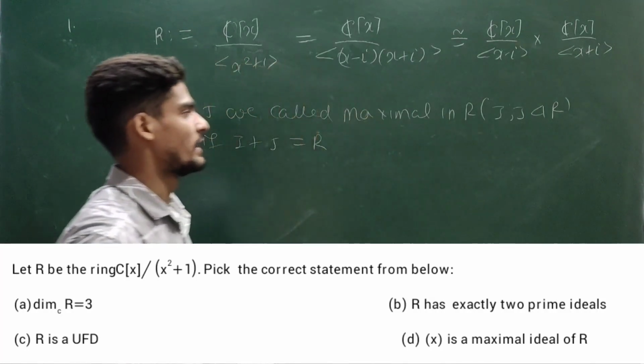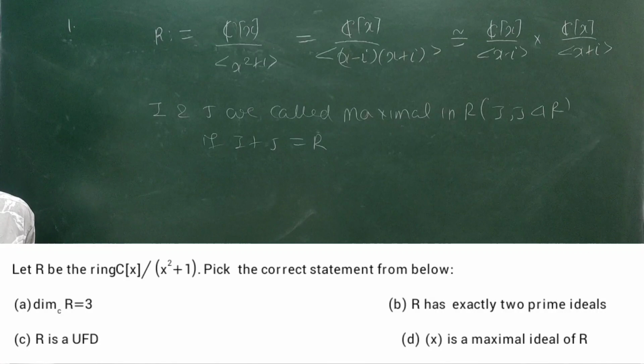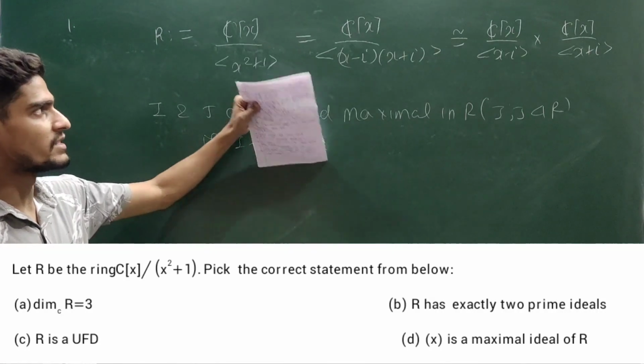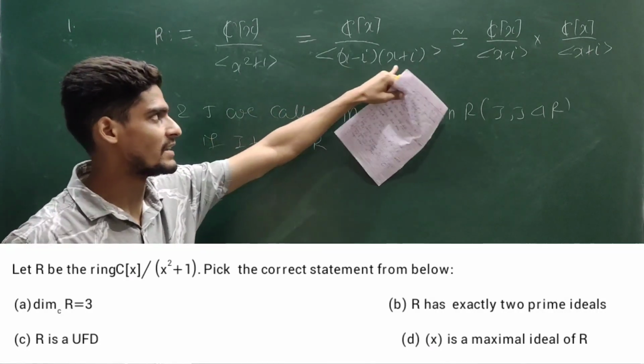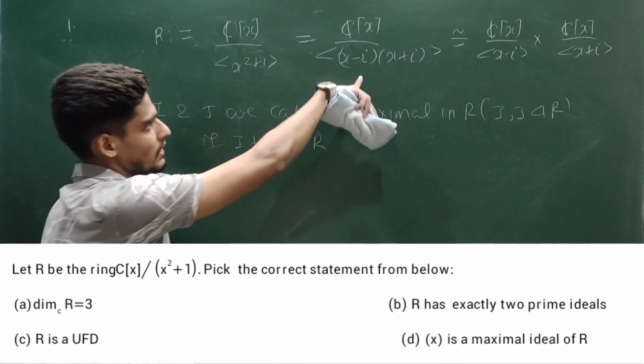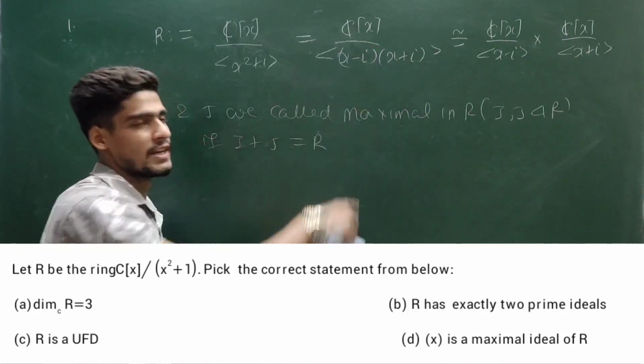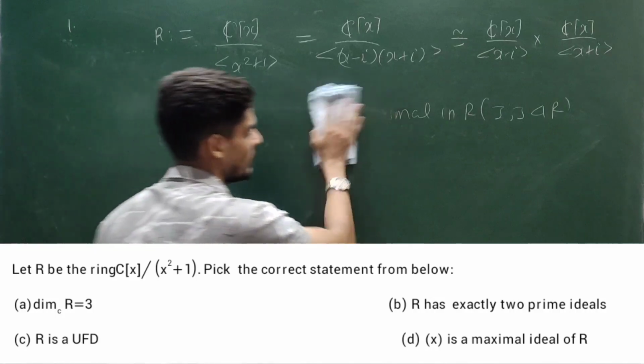So first I have to show that this I and J both are co-maximal, otherwise I cannot use this Chinese remainder theorem. I can use it only when this ideal and this ideal both are co-maximal. That is, the sum of this ideal plus this ideal should generate the whole of Cx. So first I need to show that.